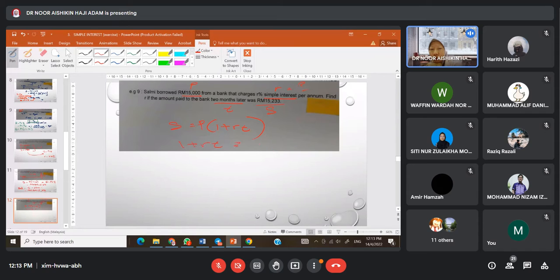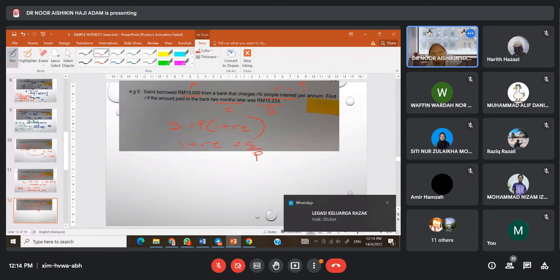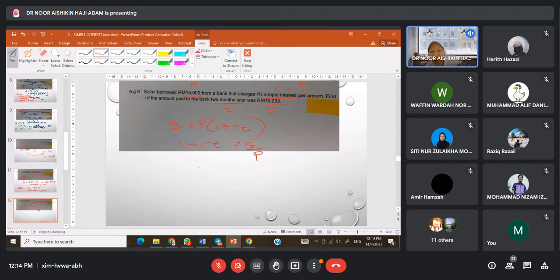How do we get R here? 1 plus RT equals to, what happens when you move P to the left? Divide kan? S over P, isn't it? Sebab kat sini dia darab, bawah sana dia divide. You want RT first, so RT would be S over P minus 1.